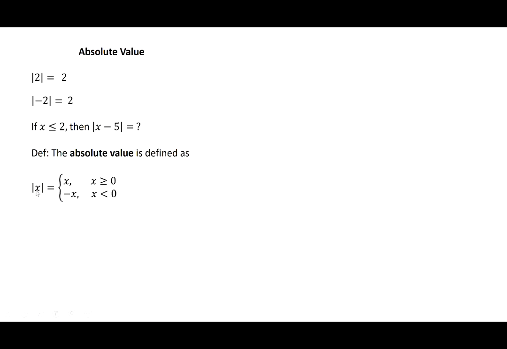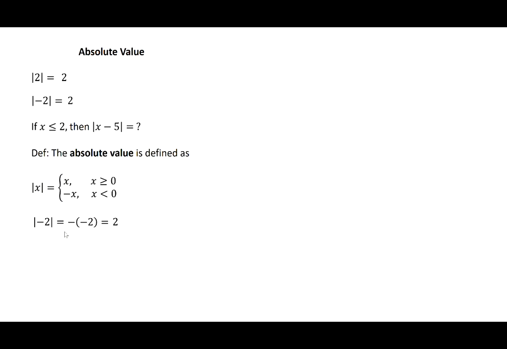So what should the absolute value of that negative 2 be equal to? The negative of the quantity. That is negative of negative 2, which is positive 2. That is the reason. Is that what you guys do? You do a mic drop.